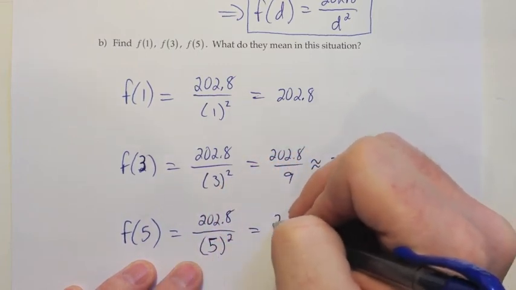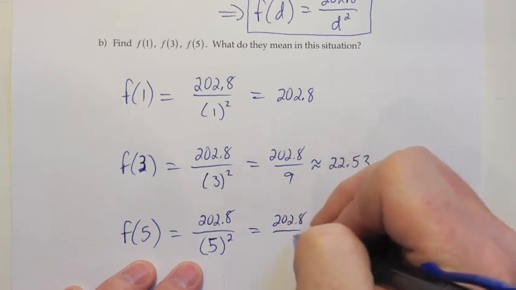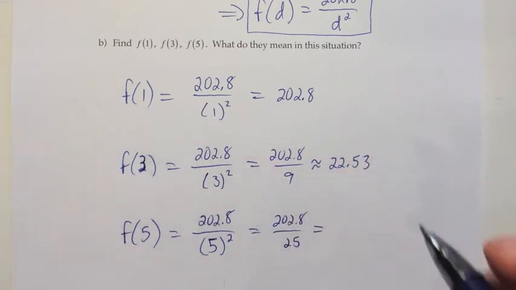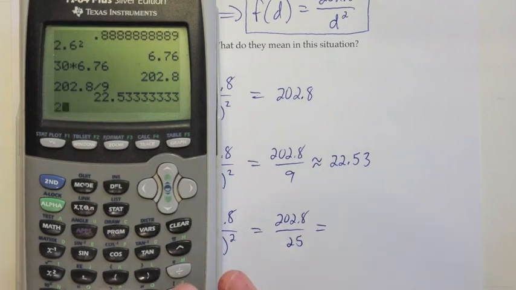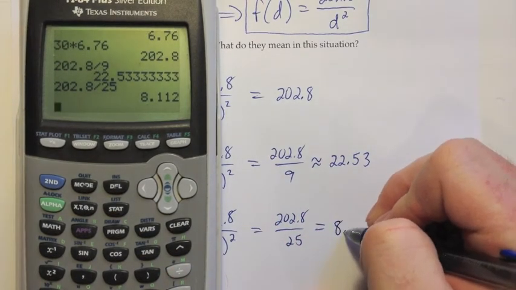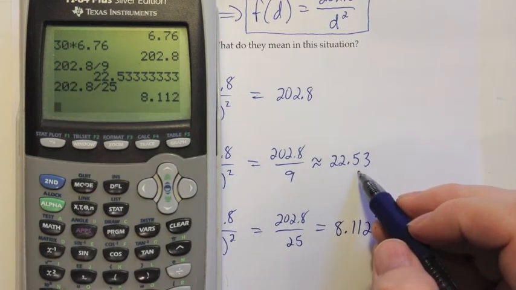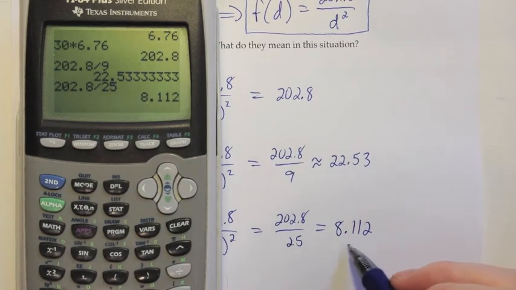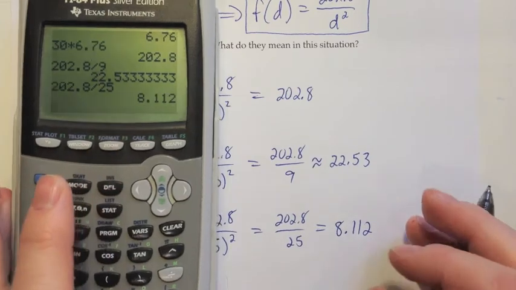So that 5 squared is 25. I'll do the division on that one. So 202.8 divided by 25 is 8.112. I know I only put 2 decimals on this one, but this is exact with 3, and rounding brings in error, so I'd rather give an exact answer if it's short than one that has rounding error in it.